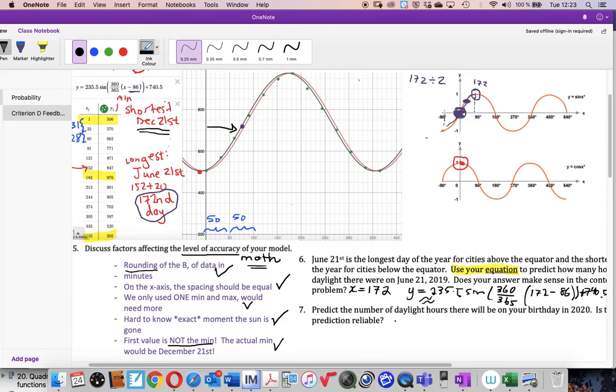So if your birthday is something like, I don't know, let's take February 3rd, okay? Then February 1st is, as we can see here, day number 32. So February 3rd is going to be day 34.